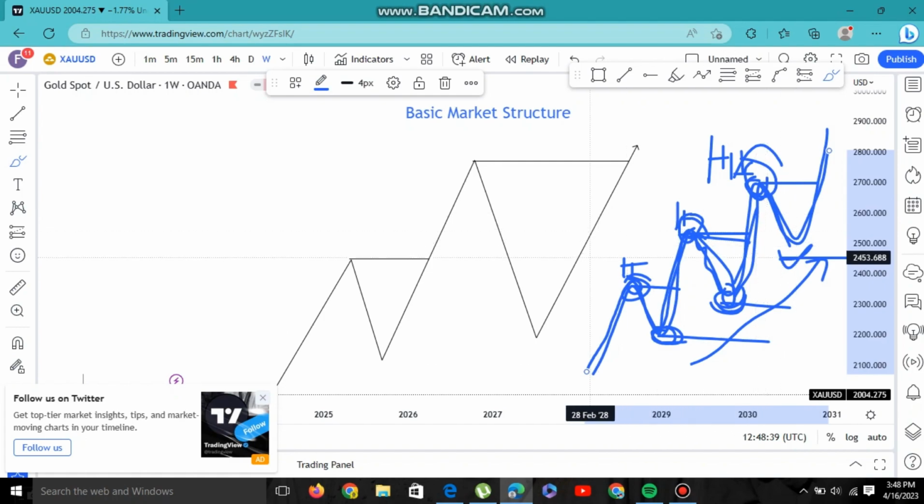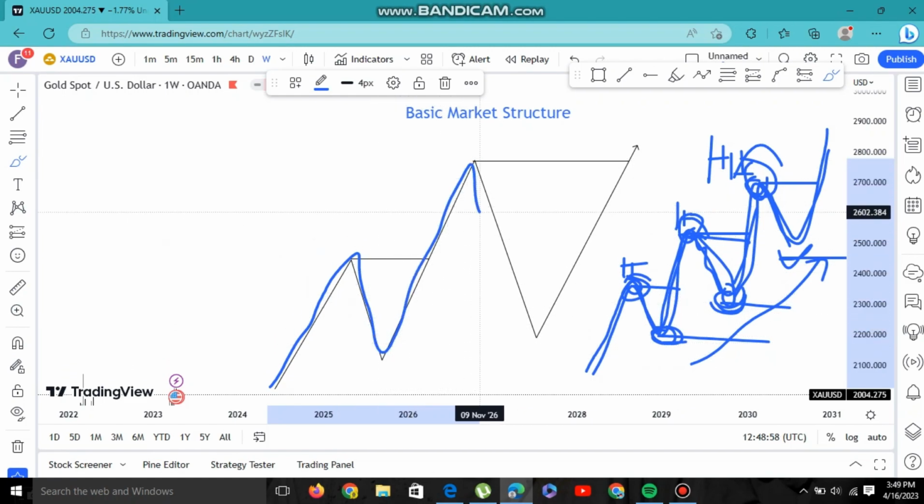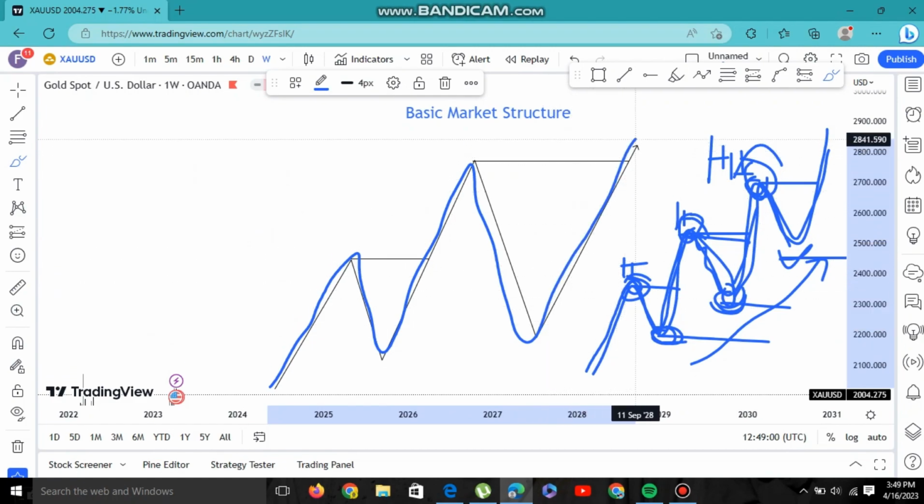So as you can see here, this is just a repetition of the basic market structure. What are you seeing right now on your screen? This is the basic market structure. We shall always have the impulsive move, followed by the pullback, and then another impulsive move, another pullback, another impulsive move. So as you can see, it's just a repetition. Whenever you say trend, it's just a repetition of this basic market structure.